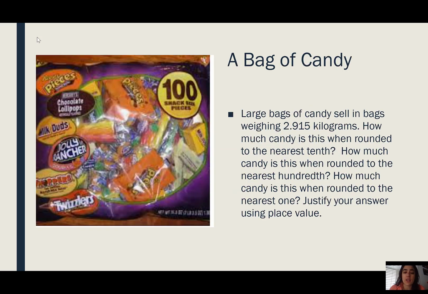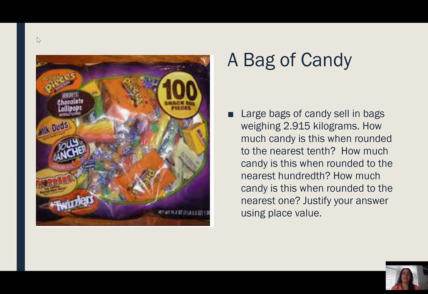So here's today's Buc-ee's challenge. It's called a bag of candy. As you can see, I put a picture of a large bag of candy, probably something you might see around Halloween. So it says, large bags of candy sell in bags weighing 2 and 915 thousandths kilograms.